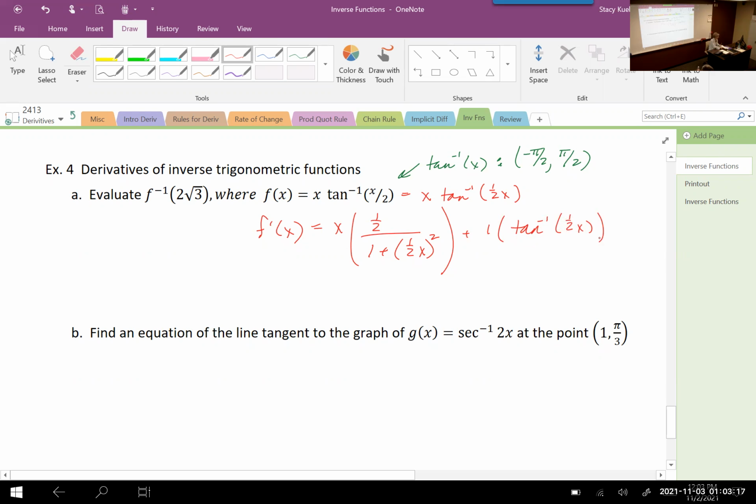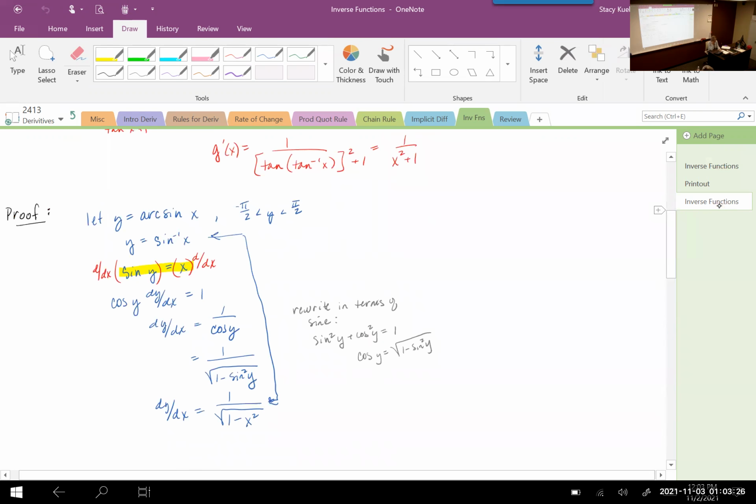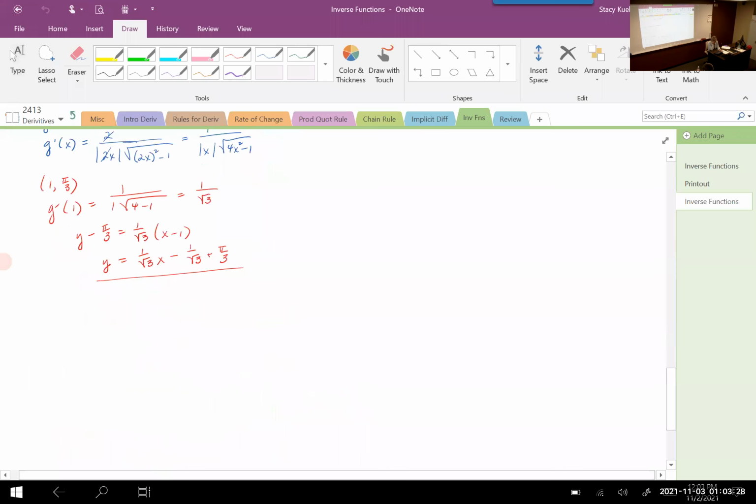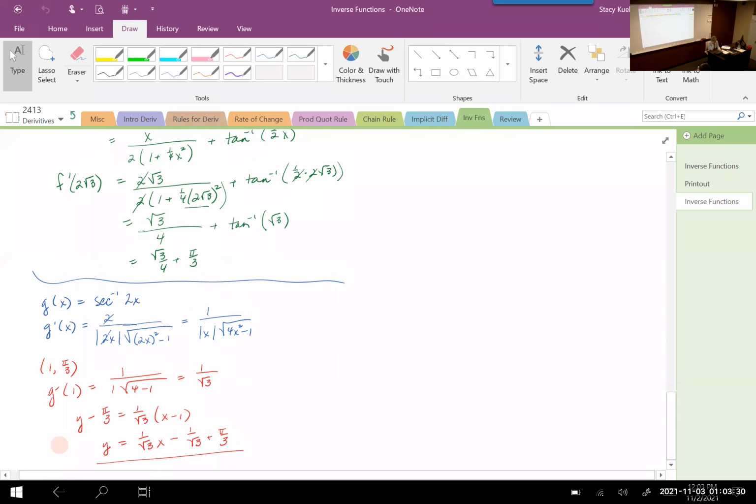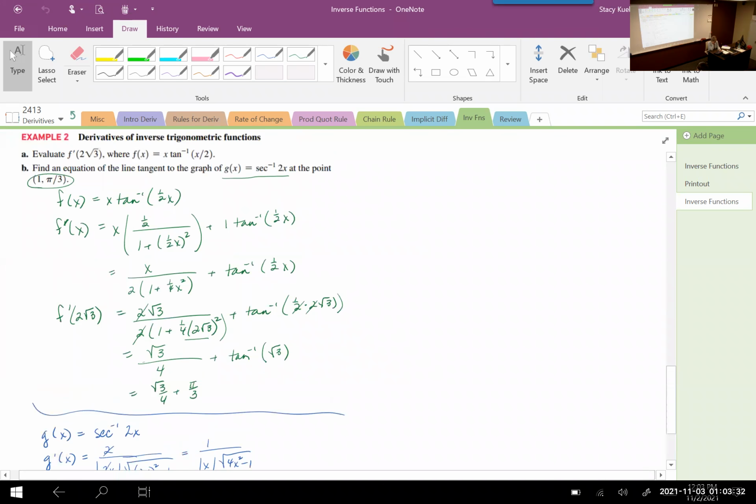Okay. Let me look. I think I put that in there wrong. That should be f prime, not f inverse. I thought that was wrong.